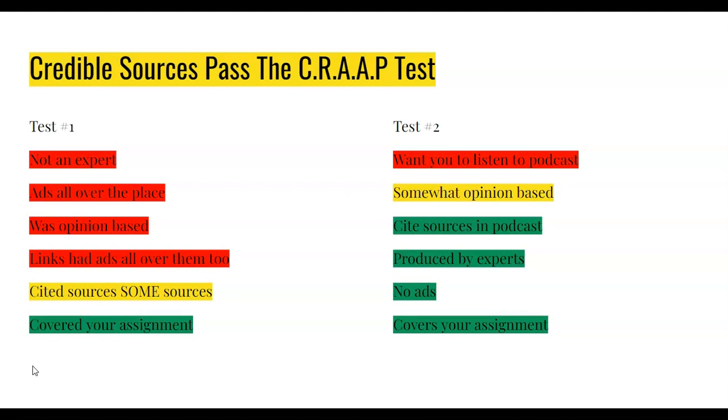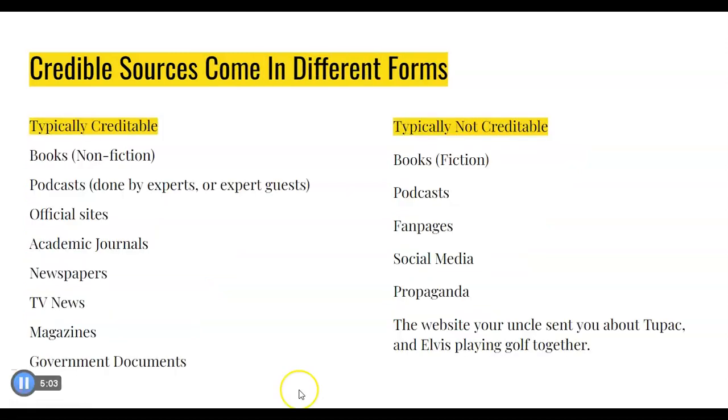In the resource you found in test 2, they did want you to listen to a podcast. It was somewhat opinion-based, but it cited the sources in the podcast. It's produced by experts. There are no ads, and it does cover your assignment.